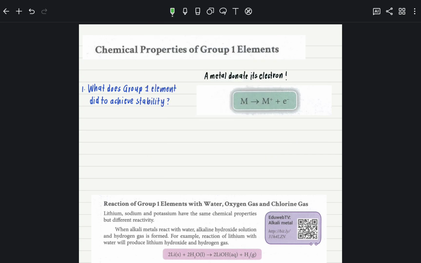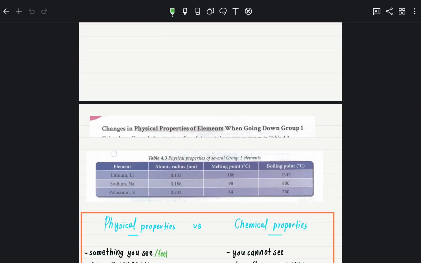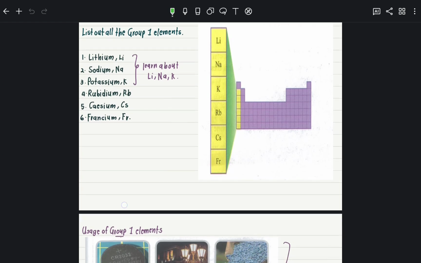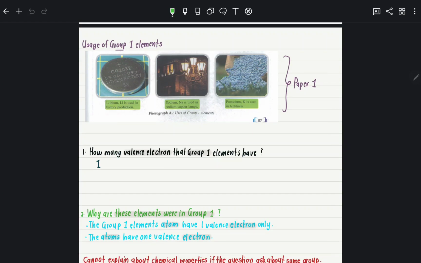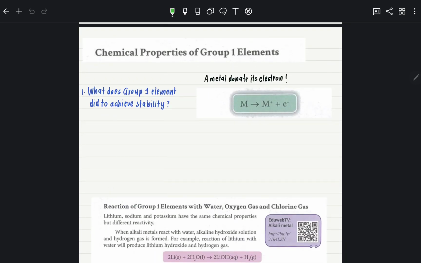The reason is, all the group 1 elements have one valence electron. So you all agree they have one valence electron, right? So maybe the first one has 1, the second one has 2.1, then 2.8.1, 2.8.8.1, something like that.